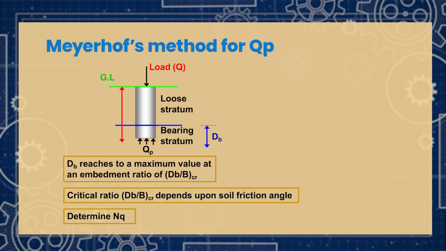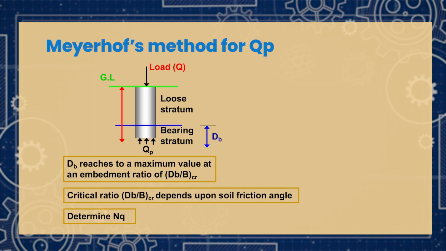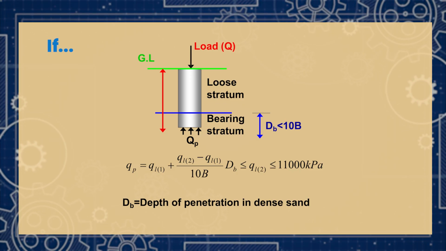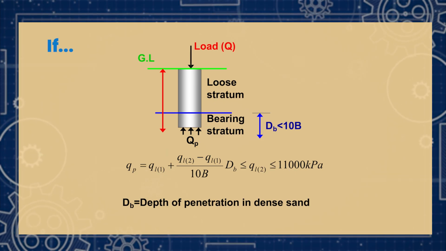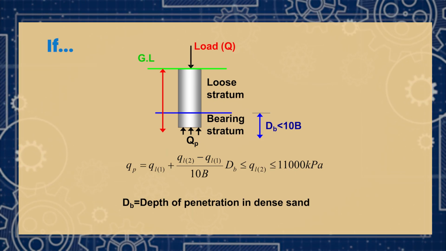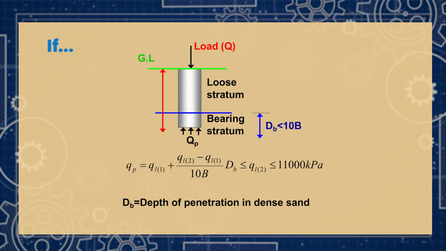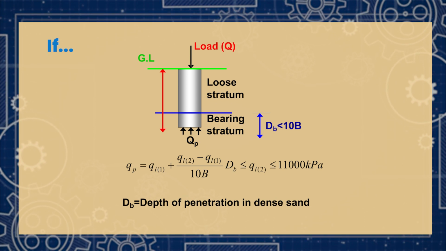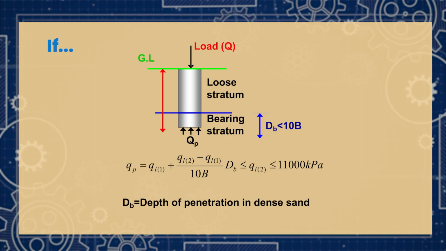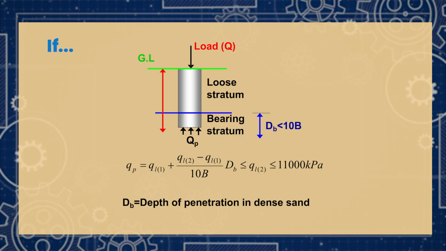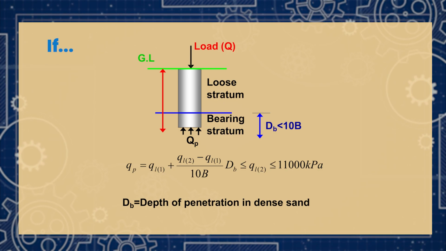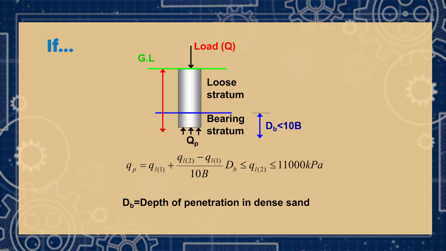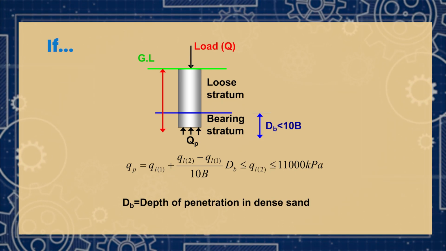See, it is all interlinked to the Nq, because the soil friction angle is there. From this method we have seen that graph also, D by B. With that help you can take the Nq value. The Nq value can be taken based on the friction angle, or by the D by B critical ratio also.